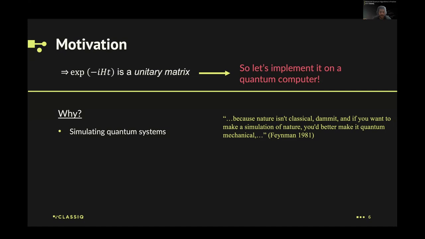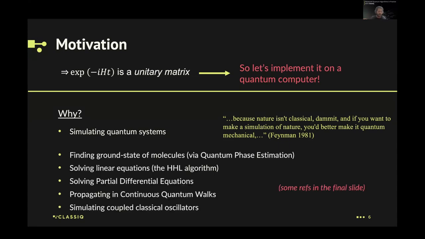But since then, of course, quantum computing evolved and many quantum algorithms and applications appeared, and actually Hamiltonian simulation appears in many of them. So I named here a few, and I'll give some references at my final slide. So first of all, people use quantum phase estimation to find ground states of molecules. This uses Hamiltonian simulation.